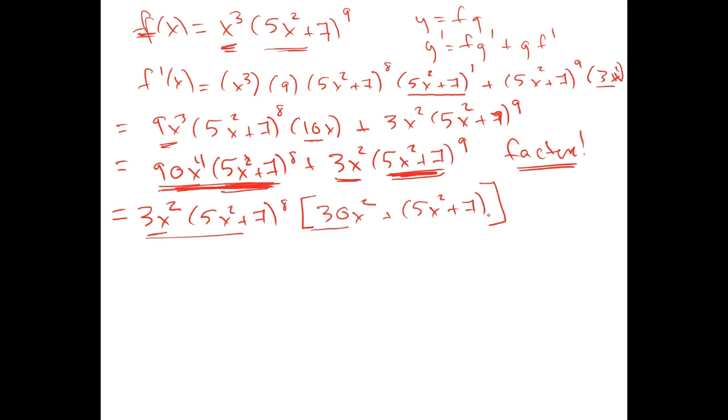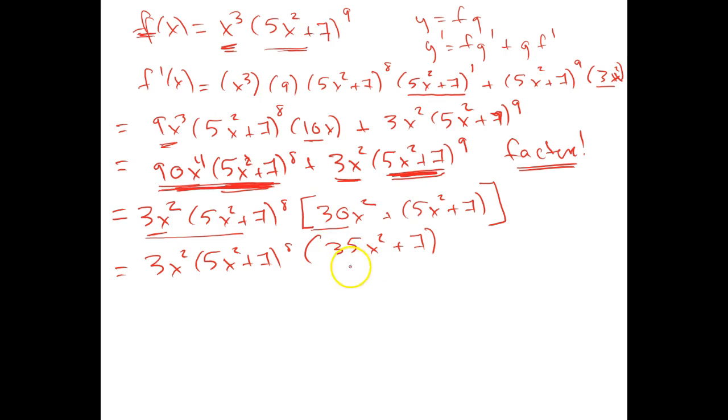Okay, and we're almost done. What we will do now is leave our first term alone, the outside term, (5x squared plus 7) to the power of 8, and then combine like terms in here. So I'm going to have 3 times 35x squared plus 7. I believe this is where the course manual ends, and this will be acceptable.